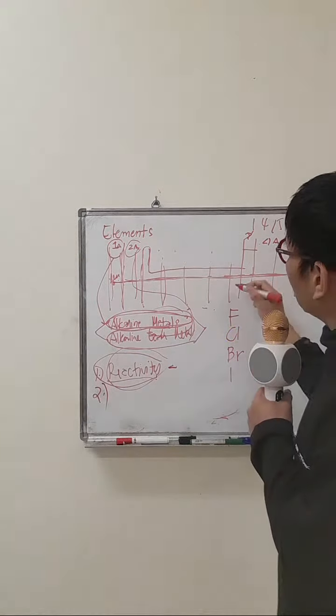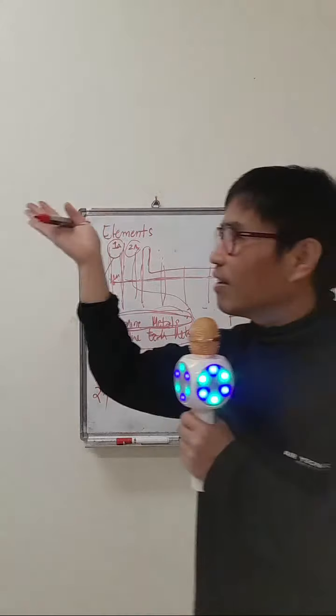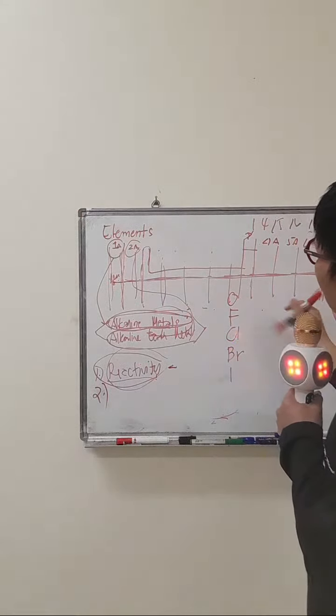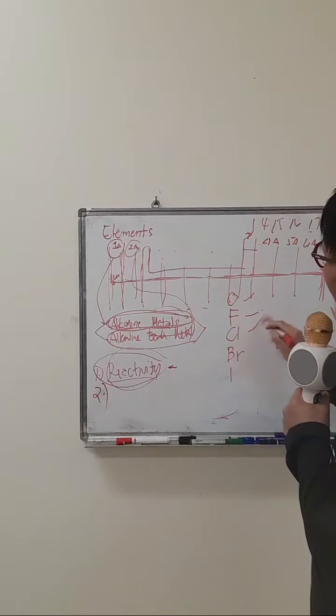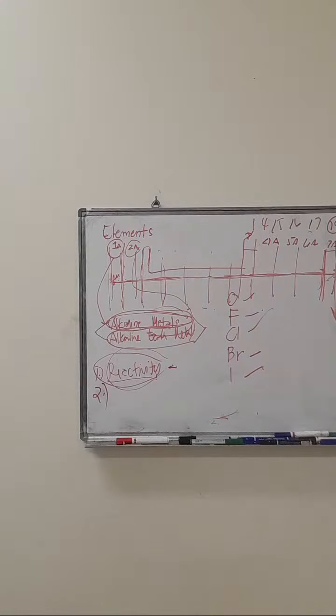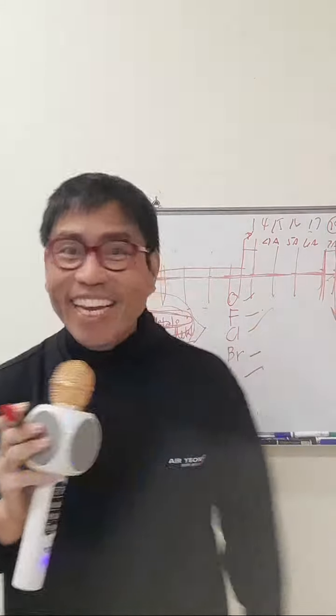And oxygen. Oxygen is on the top. Okay? Like that. Oxygen, fluorine, chlorine, bromine. Okay? Did I miss something? Okay.